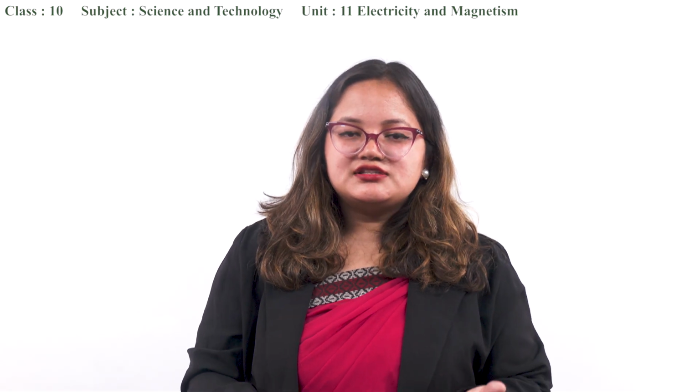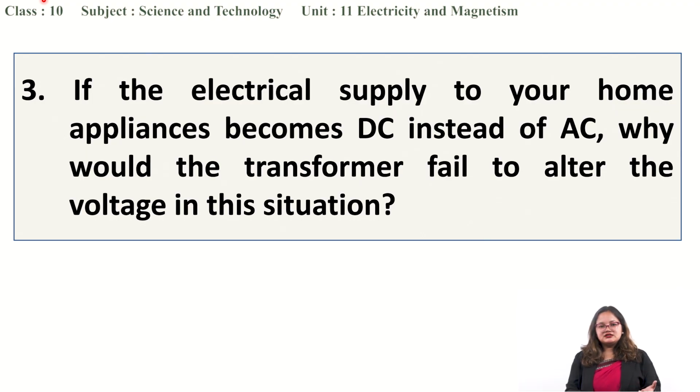But here, let's imagine we are going to use DC. There is no change of direction in DC, the voltage is constant, the magnetic field is constant. If the magnetic field is constant, there is no change in magnetic flux. We will just be able to measure the magnetic flux on the secondary coil, but we cannot bring any changes in it.